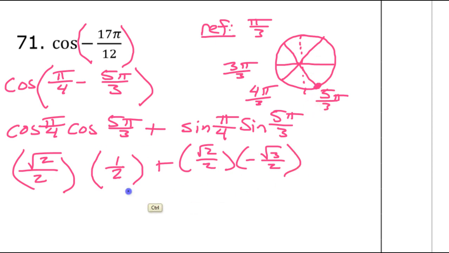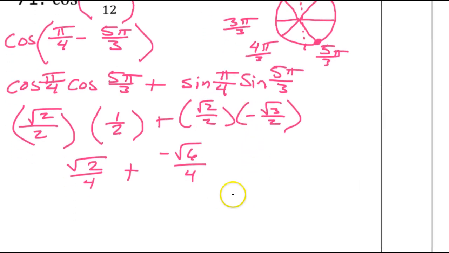So all I have to do is simplify this. So this is going to make radical 2 over 4, and then plus, and I'm going to have negative radical 6 over 4, all right, because I'm multiplying and this one's negative. So when I put these together, it's really just going to be radical 2 minus radical 6 all over 4.